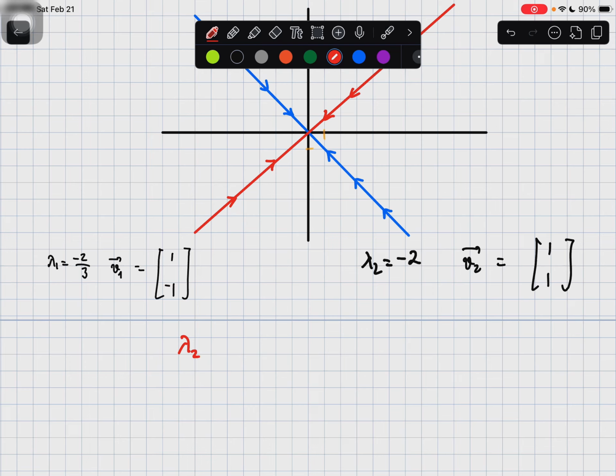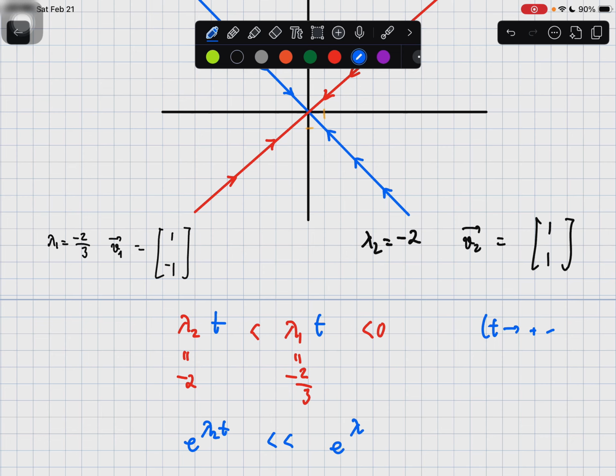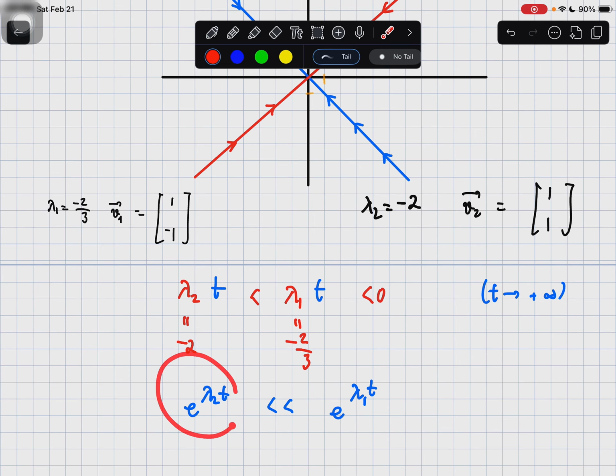Lambda 2, minus 2, is less than lambda 1, minus 2 over 3, which is less than 0. When you multiply by t positive, e to the lambda 2 t will be much smaller than e to the lambda 1 t as t tends to plus infinity. This one will decay to 0. Only this term is left.